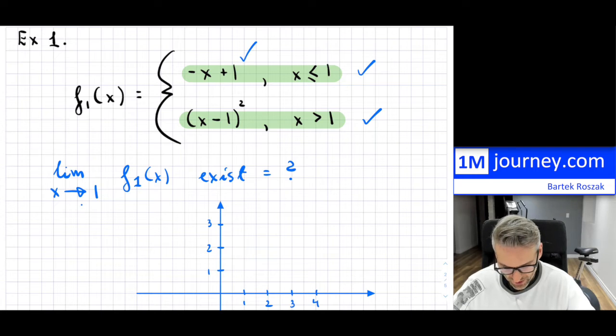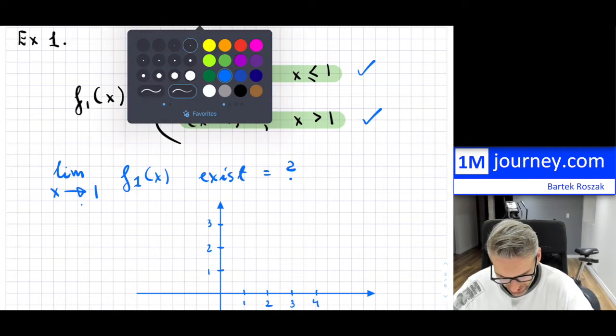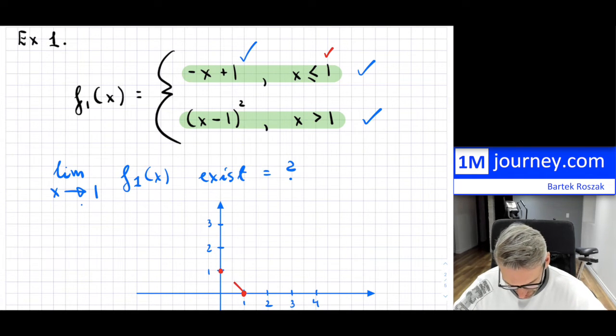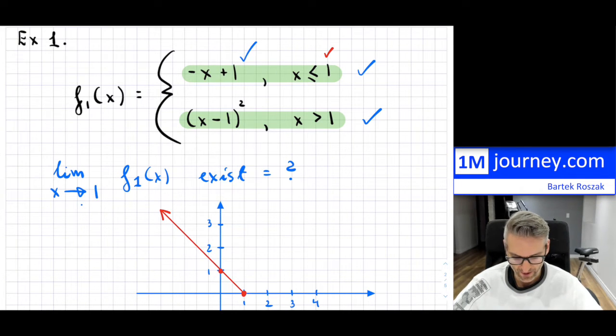Now, for this function, because it's just a line, notice it goes through 1. Maybe I'll take a different color here. The other point, it has a slope of -1, so I can put another point here. So I know that this line is going in this direction, and it's going off into there.